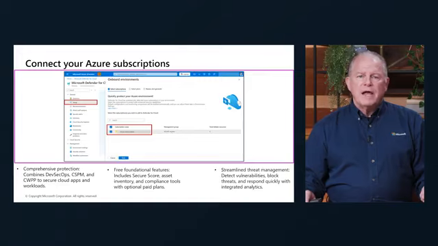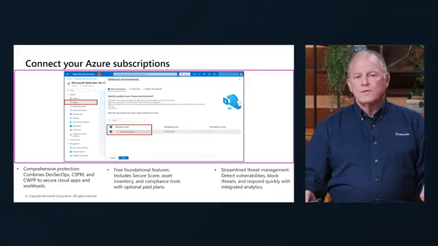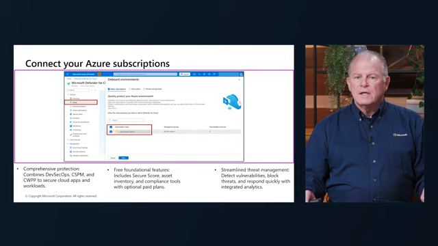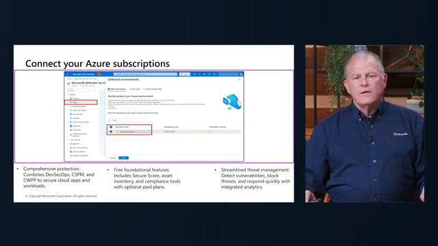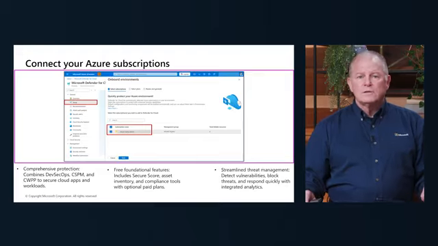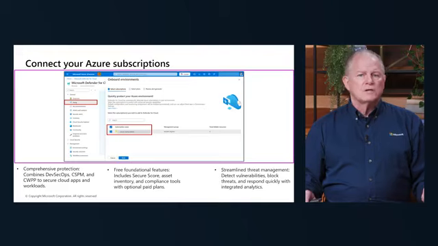And you can enable these plans to provide specific protections for different types of resources within your subscriptions. Once your subscriptions are connected, Defender for Cloud continuously assesses the security posture of your resources and provides a secure score. This score reflects the overall security state of the environment.